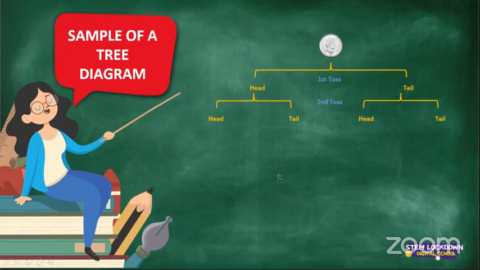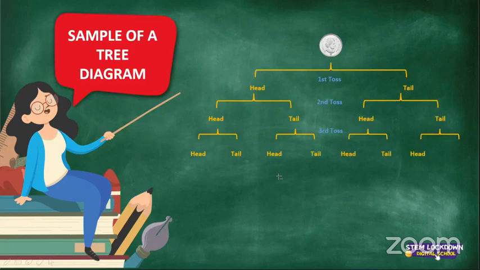There we go. Thank you. Yep, there we go. So now, each one of those, if we flip the coin again, would have a head and a tail, a head and a tail, a head and a tail, a head and a tail. Okay, so now if we look at that, how many possible outcomes do we have for this event?